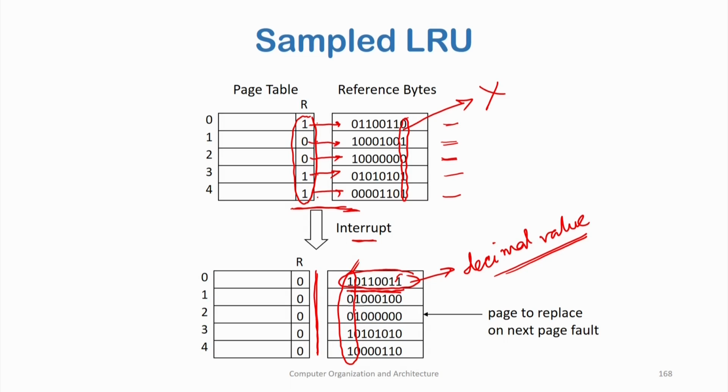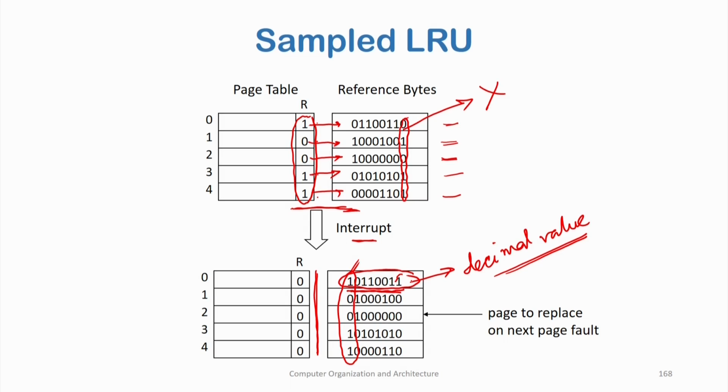Therefore, the numerical value of this byte tells me how good this page is for replacement. The lower the value of this byte, the better candidate the page is for replacement. So, I should replace a page having the least value for this byte.